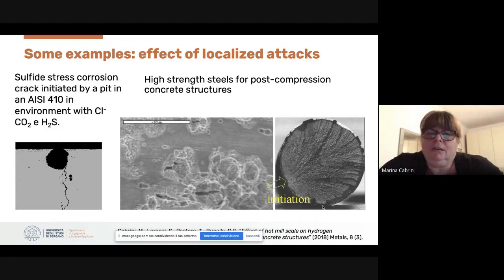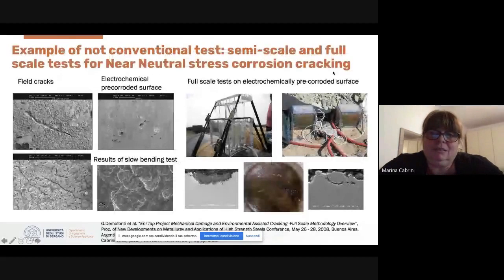And this is another example, in which there is near-neutral stress corrosion cracking.